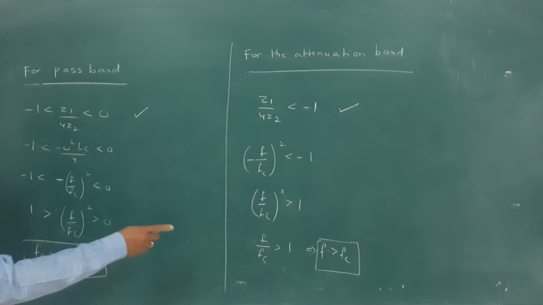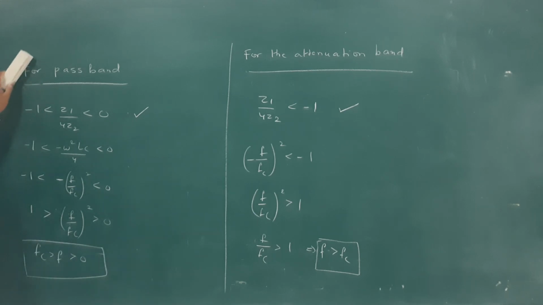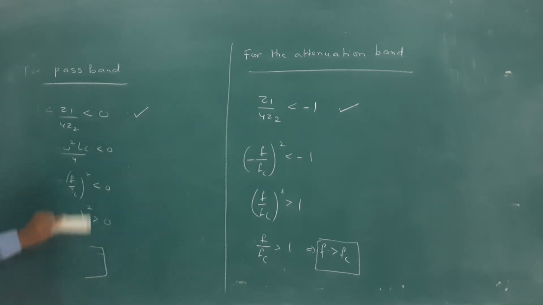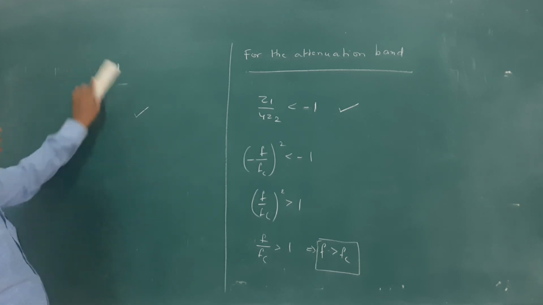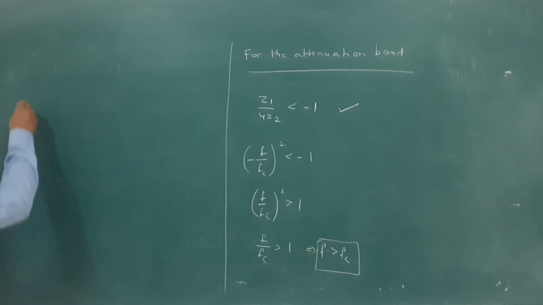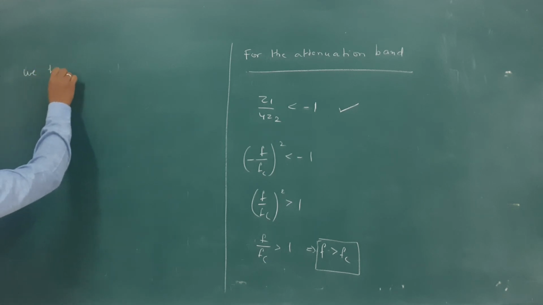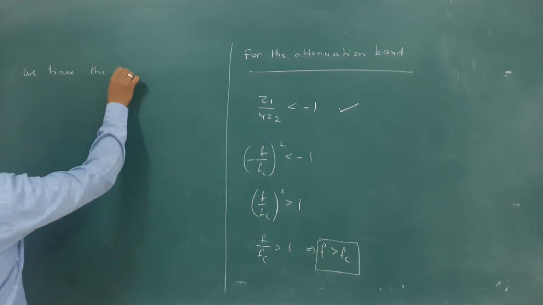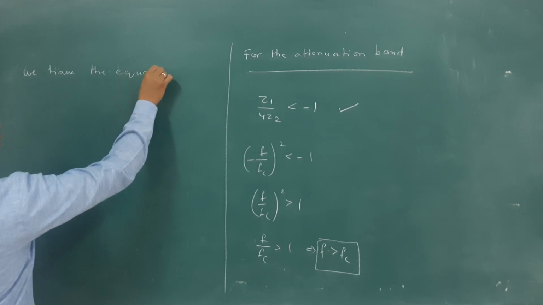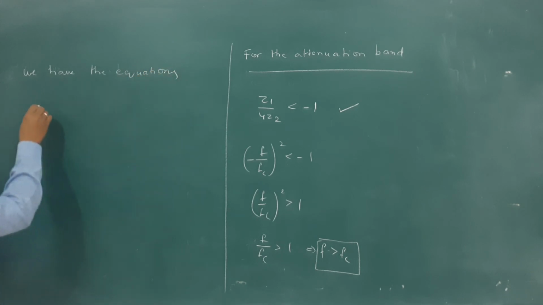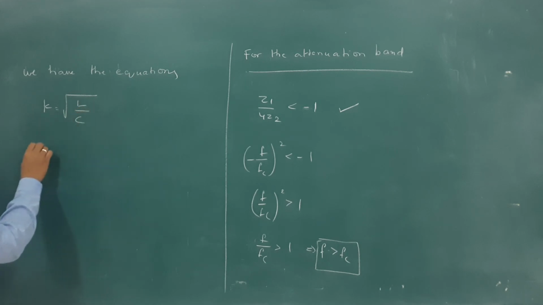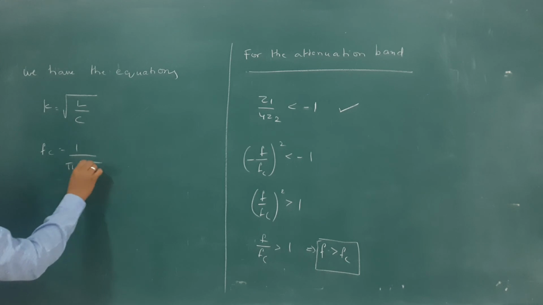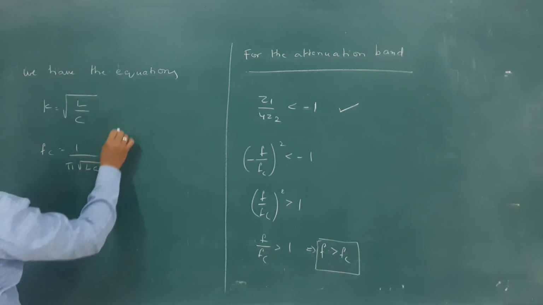Now we have written the values there. Now we will solve the equations we have got for this constant K low pass filter. We have the equations K is equal to root of L by C, and also fc is equal to 1 by pi root LC. We have derived these equations.